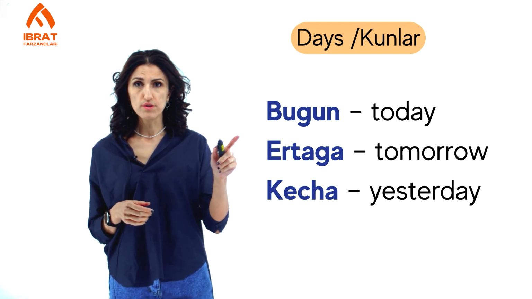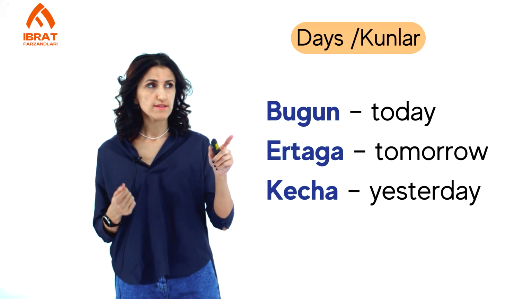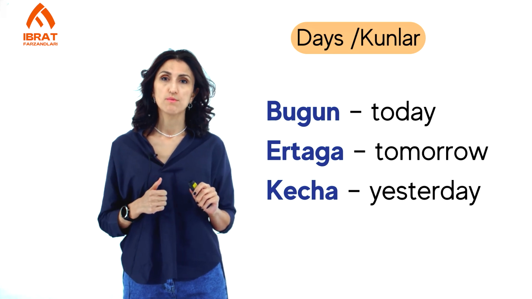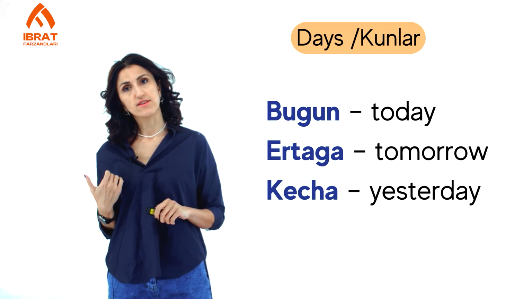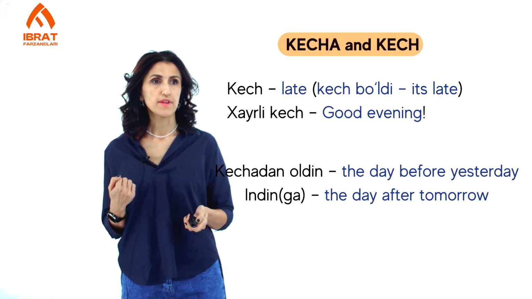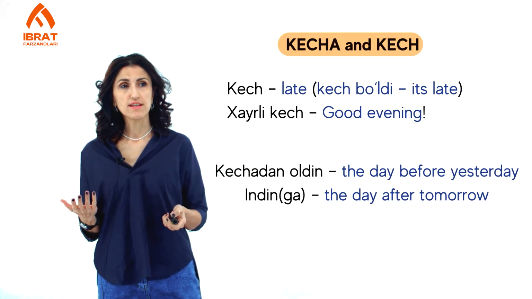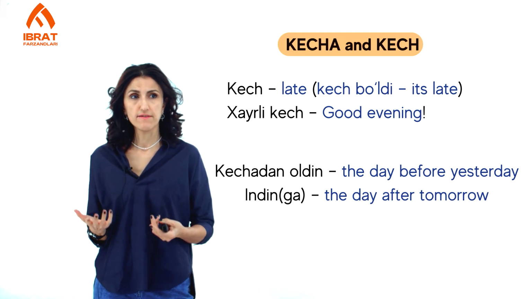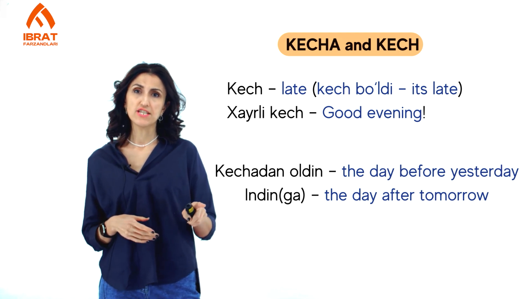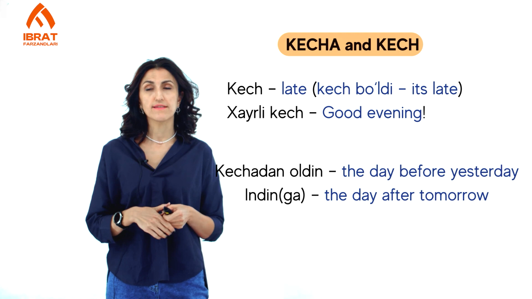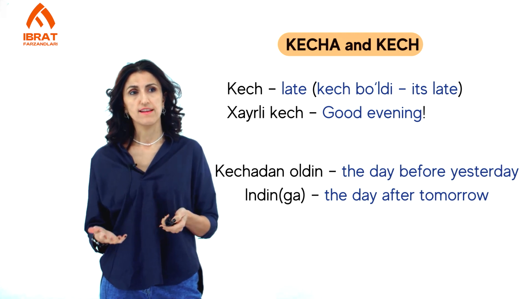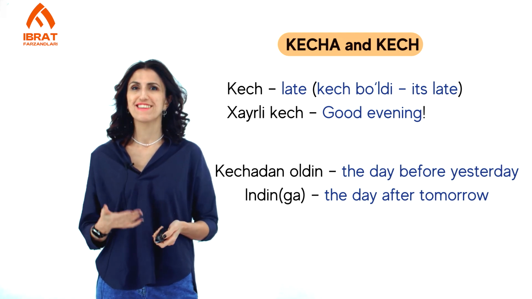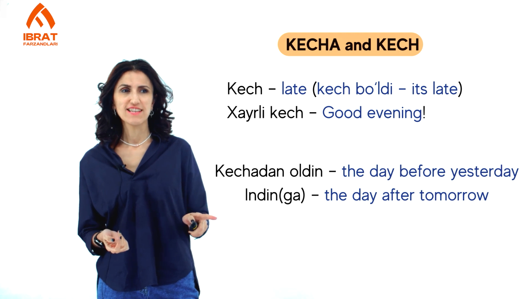So today is bugun. Tomorrow is ertaga. Yesterday is kecha. Kech could also mean late, like when we say hayrli kech, we say good evening. Or with kecha, we have kechadan oldin, which means the day before yesterday. And for the day after tomorrow, I say indinga.